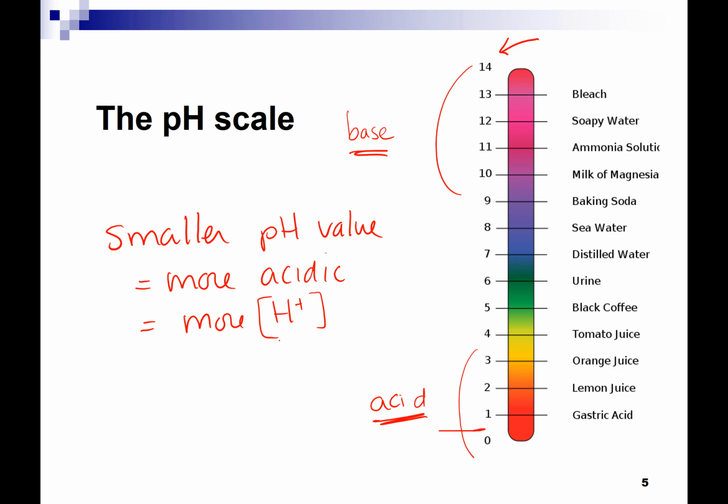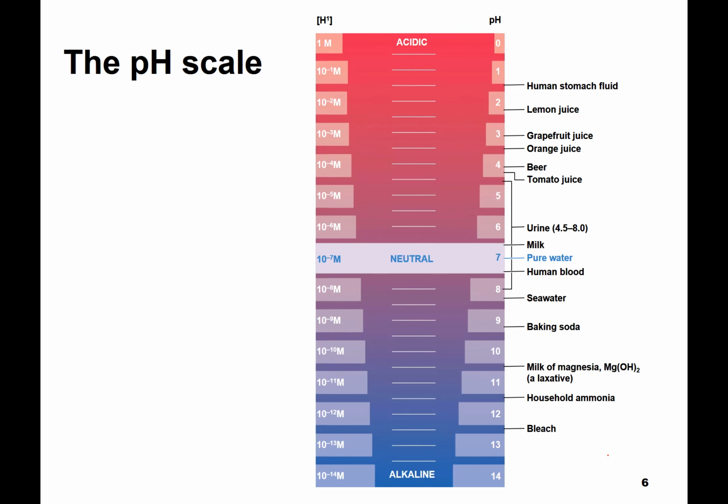So let's actually look at these numbers again. Okay, here's the pH scale. Here's your pH values, and here's the concentration of hydrogen. And what I want you to see is when it's really acidic, you have lots of hydrogen. You have 1 molar hydrogen. And a pH of 1 means you have 0.1 molar.